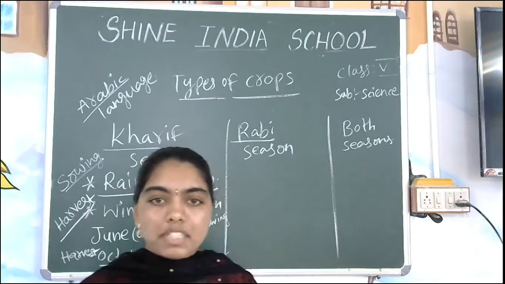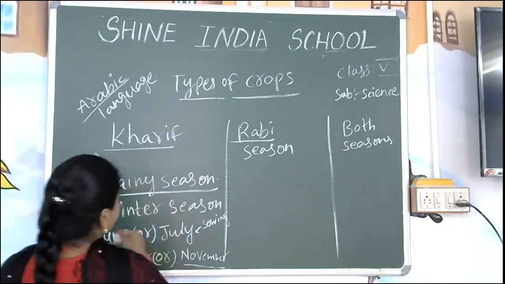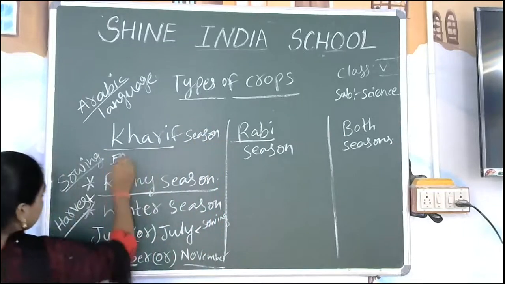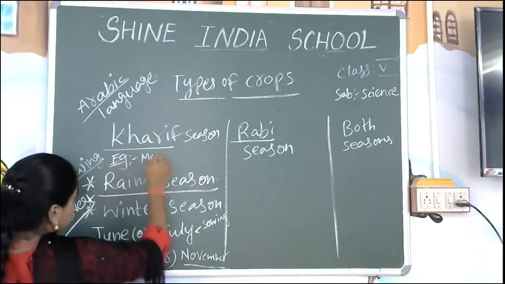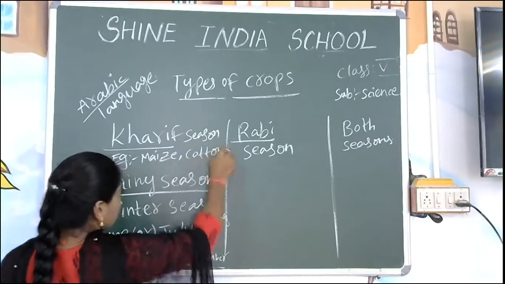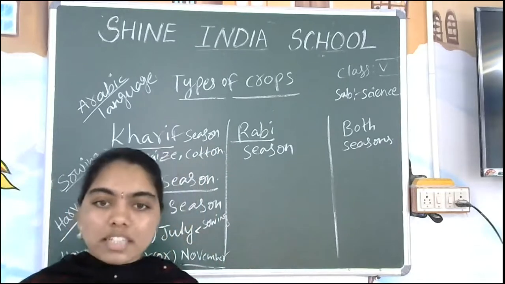What are the examples here? Maize. Yes, here are the different types of crops. What are they?